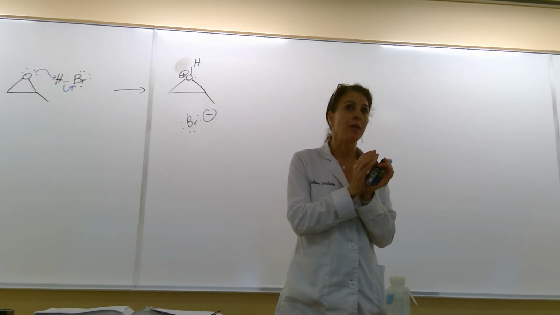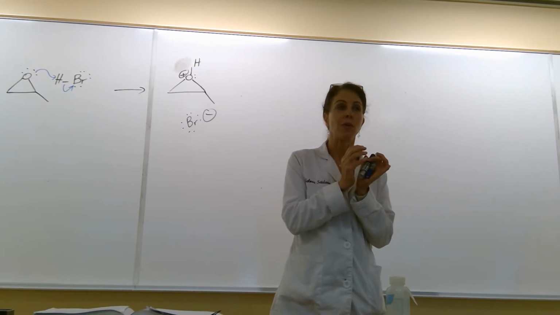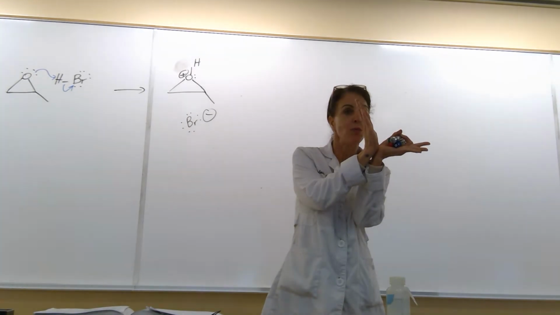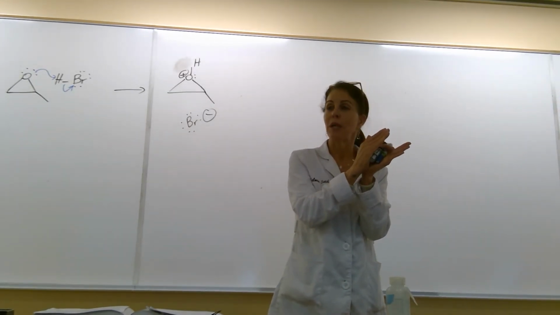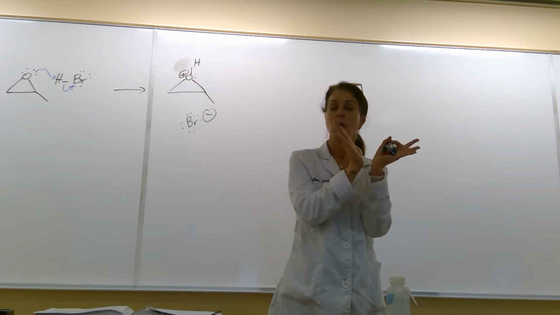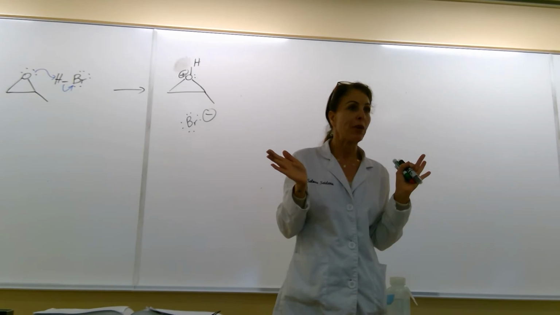So that terminology of ring strain, it's like too much pressure, too much compression on that ring. So there is a ring strain because it's supposed to be 109 and it's 60. So what does it mean? It means that that ring is ready to what? Pop open with anything. Just set me free.